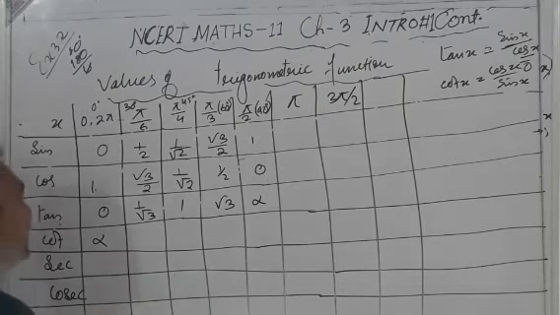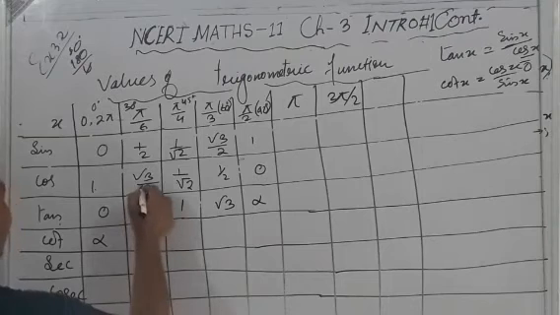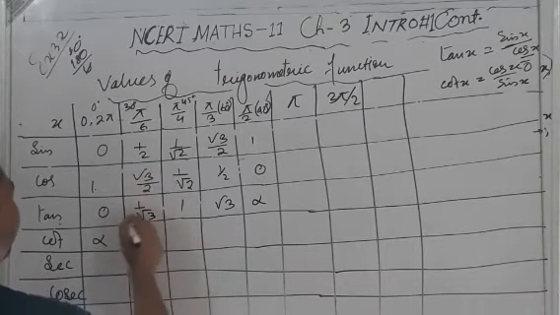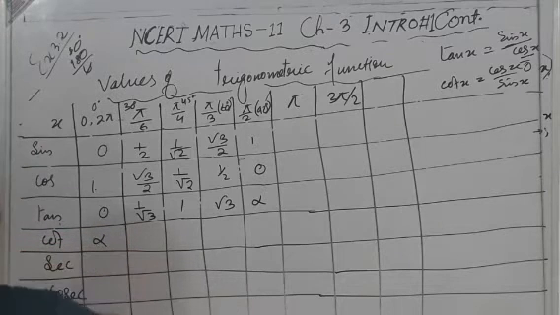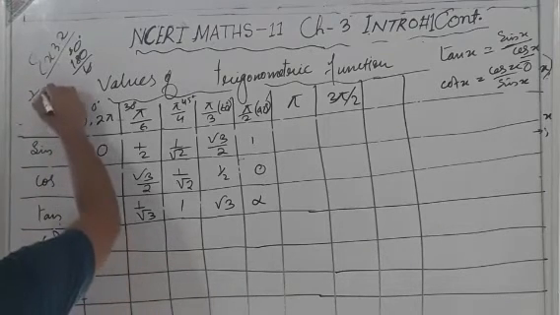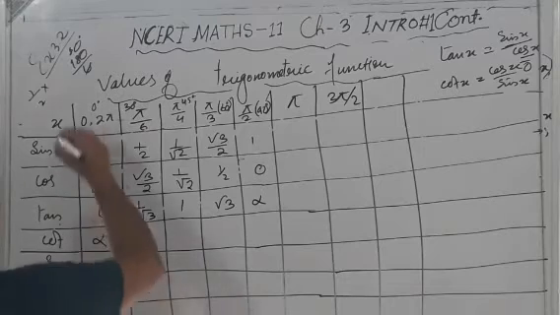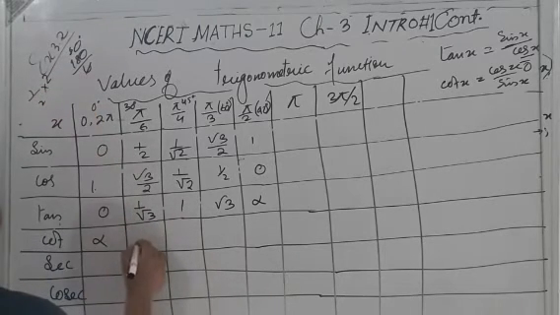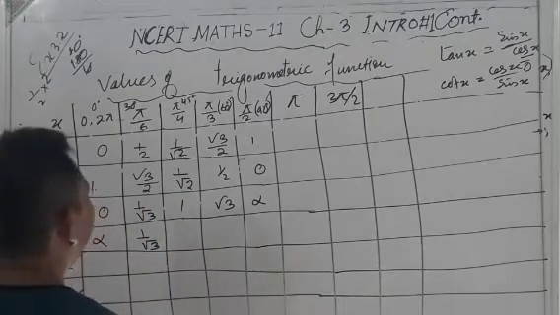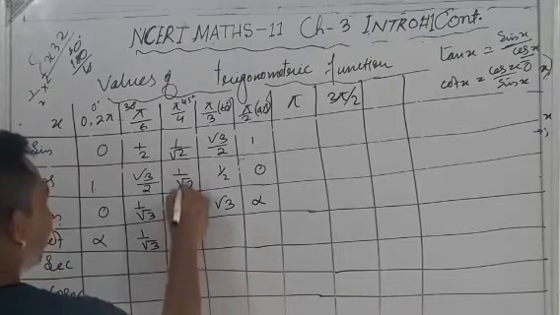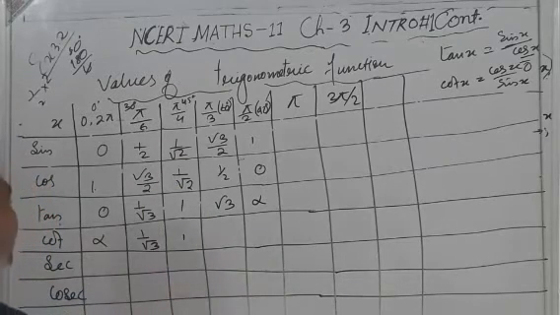Okay. Then next is what? This one and this one are cancelled. So 1 by 2 into 2 by root 3. So it will be 1 by root 3. So here it will be 1 only, okay? Because it will get cut.